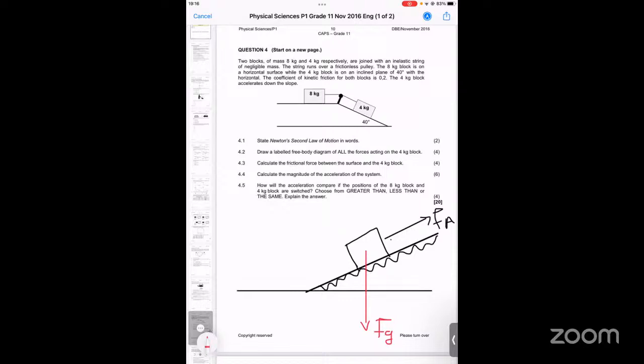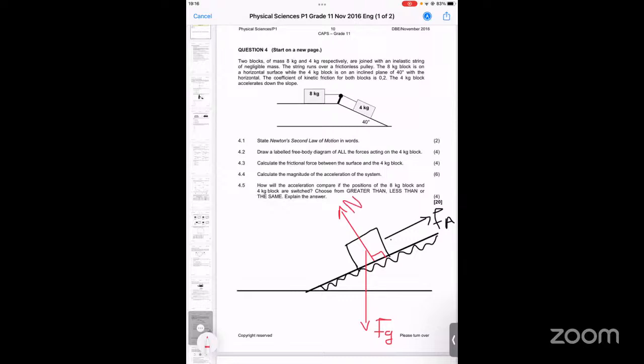We have a normal force. The normal force must always be perpendicular to the surface. So it is forced to be in that direction because it must form 90 degrees with that. It can't be straight up because once it's straight up, it doesn't form a 90-degree angle with the surface.